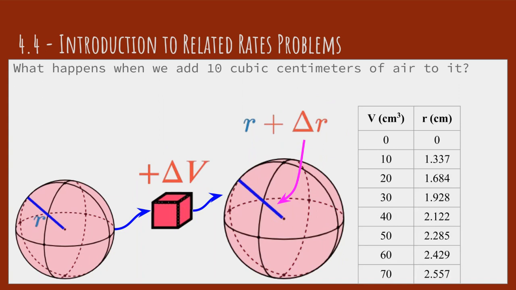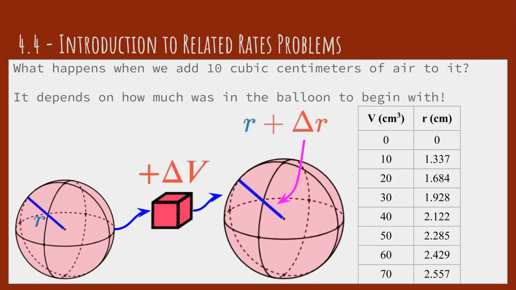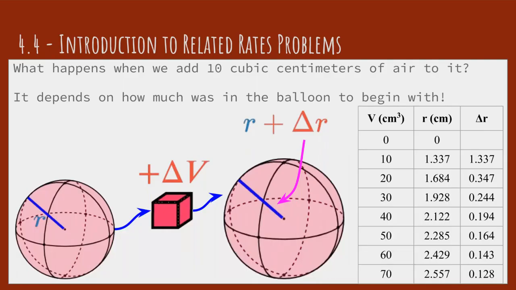Again, let's look at it from a non-calculus perspective first and just look at a series of adding 10 cubic centimeters to the volume. You can see as we add volume, we add size, size specifically measured by the radius of the balloon. I do want to point out, though, if we look at the change in the radius, the change in the radius depends on how big the balloon was to begin with.